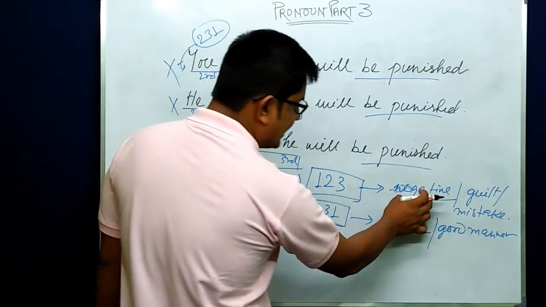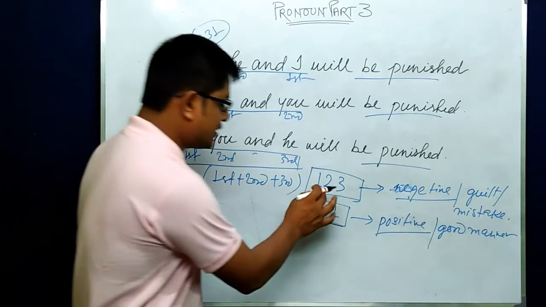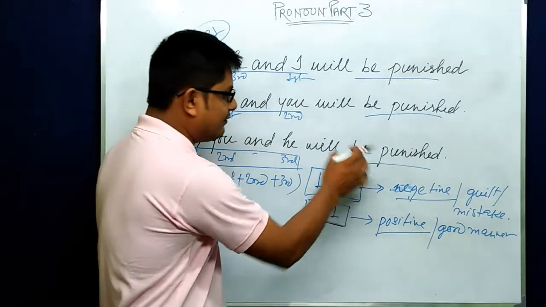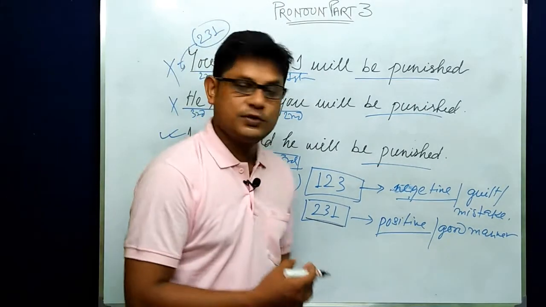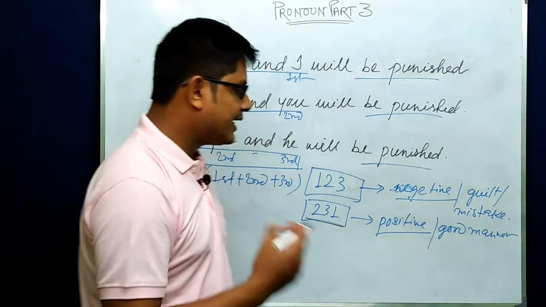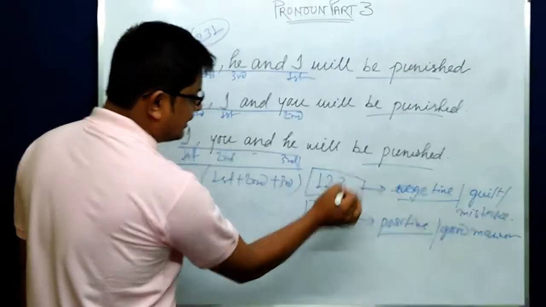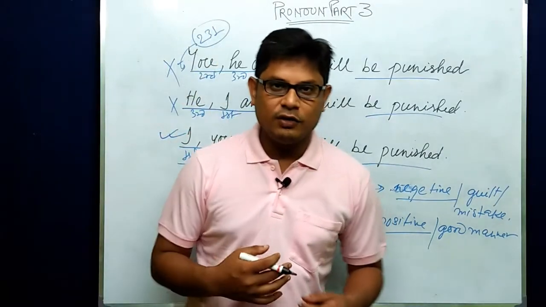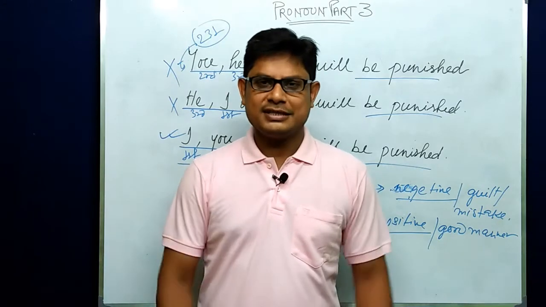And if it is negative or accepting any guilt or mistake, then first person, second person, third person. And in this sentence, when I have used "will be punished", obviously punishment is connected to a negative thought or any kind of mistake. So this rule is right. First, second and third. So this is all about the order of using singular pronouns whenever used in a sentence.